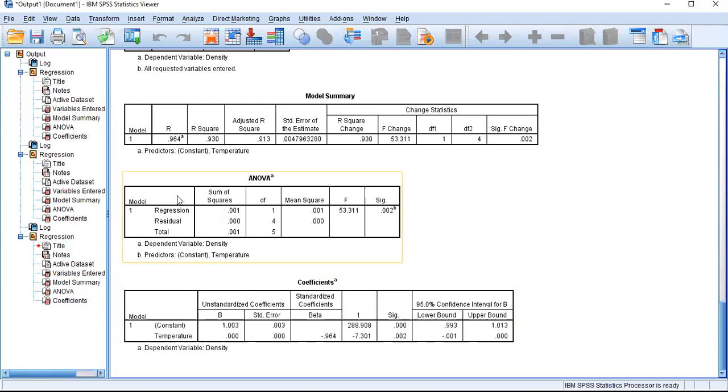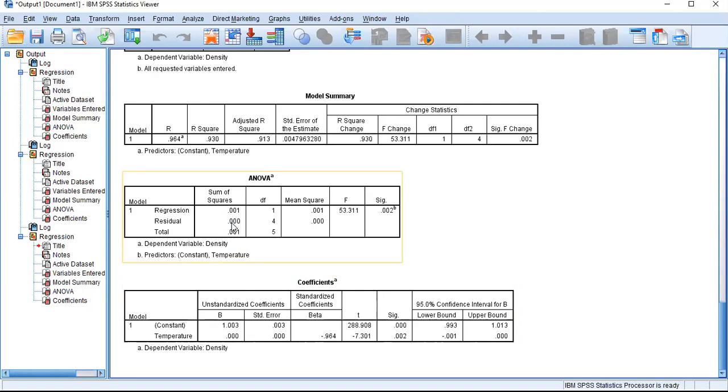So suppose we're given an output, right? Here, the source of variation is for regression, residuals, and the total. You've got the column of sum of squares, which is SSR, sum of squares of regression, and sum of squares of error. Error, they're also called residuals, right?